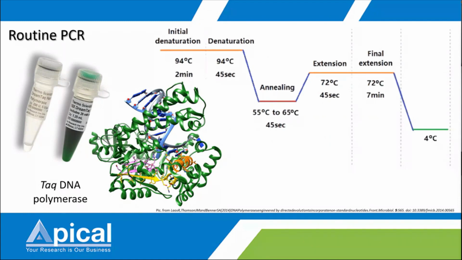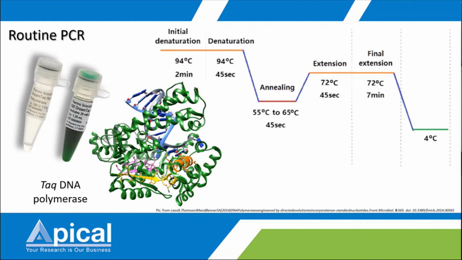Routine PCR is typically performed using Taq or Taq-based blended DNA polymerase to amplify a specific DNA sequence, and it involves denaturation, annealing of the primer, and then extension by polymerase. This leads to replication of the target DNA.